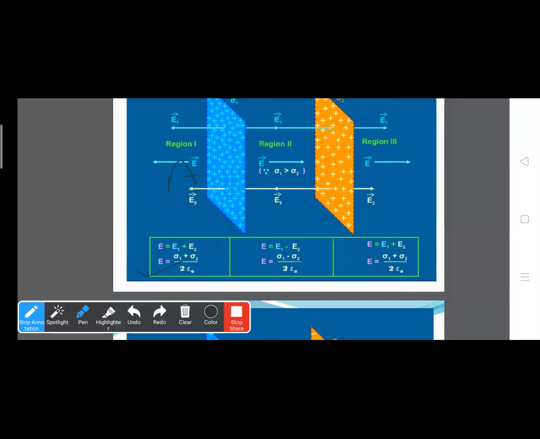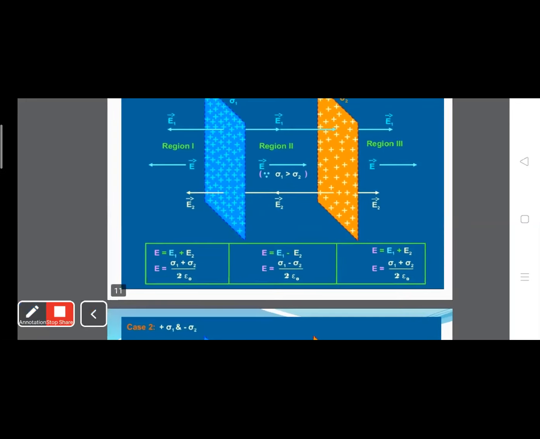Okay. Now find the electric field at point B. So here the electric field due to plate 1 is in this direction, and the electric field of plate 2 is in this direction. Okay. So the net electric field at B will be equal to E1 minus E2.